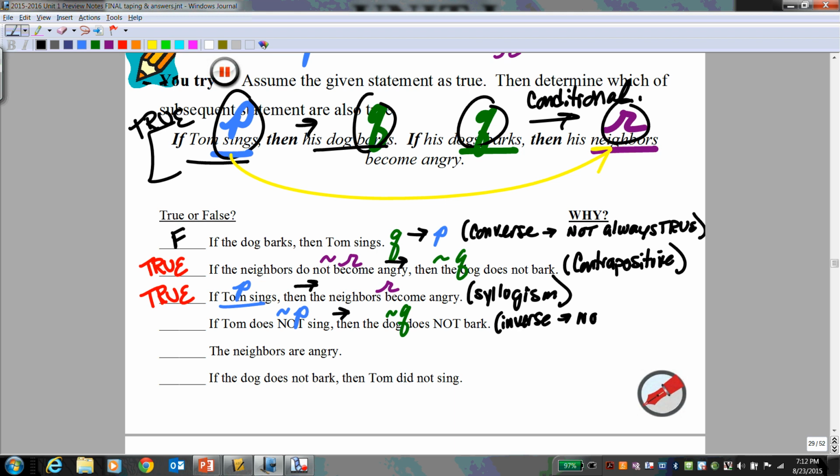The inverse is not always true. Only the contrapositive is always true. So we would call this false. Neighbors become angry, that's just standalone R. That's not always going to be true according to our laws, so we call that false.